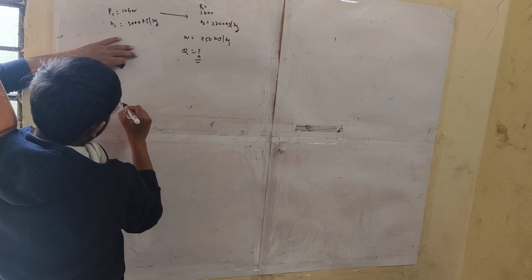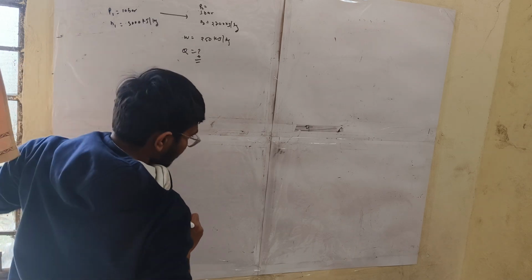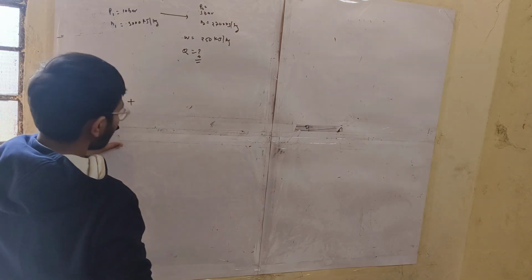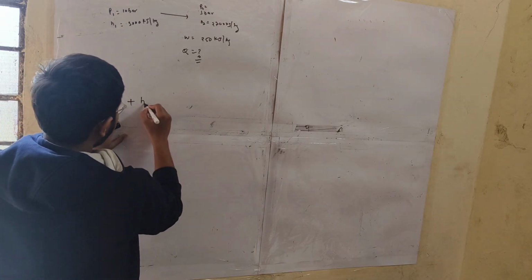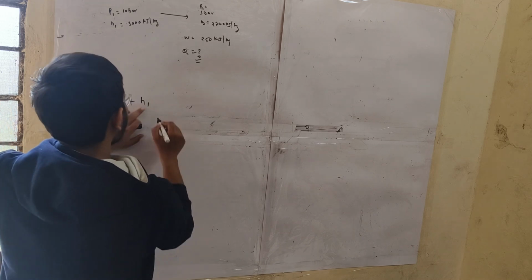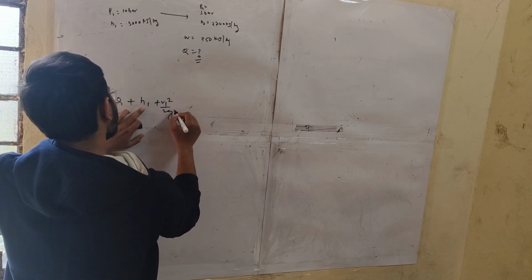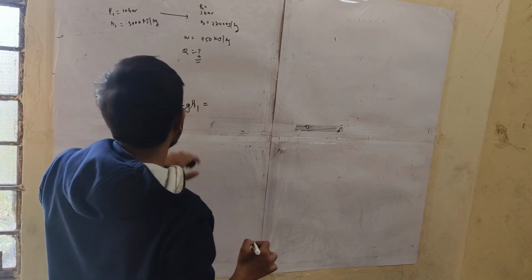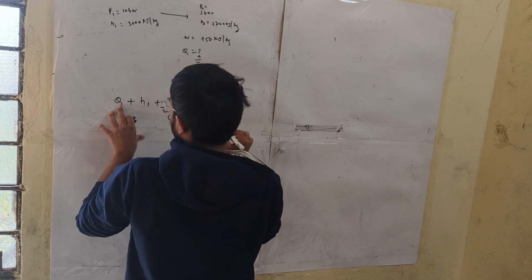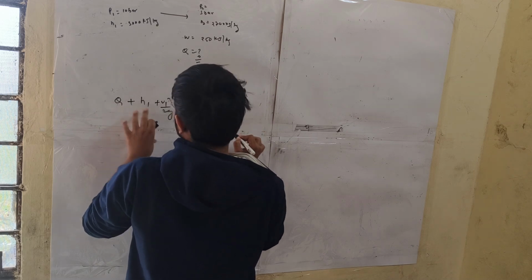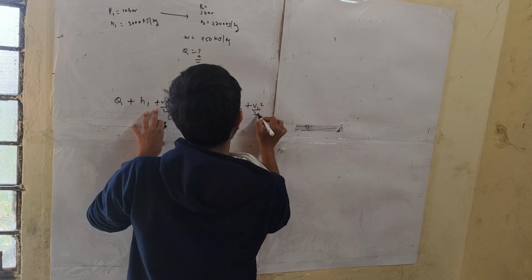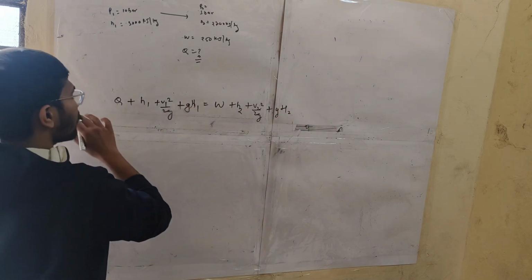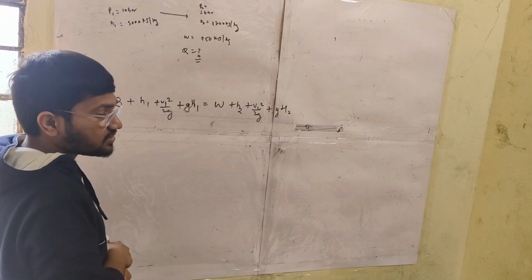It is Q, the heat we supply on the left hand side, plus enthalpy H1 plus V1 square by 2, plus gZ1, this is the potential head, equals the work W plus H2 plus V2 square by 2 plus gZ2. Here all these terms are in specific form.